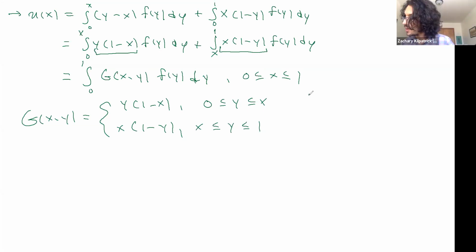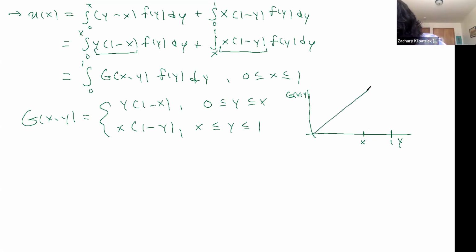And so what does this thing look like? For g of x,y, if I freeze x and I'm plotting this as a function of y, and here's 1, and here's x, my Green's function is going to look like this, okay. On the upstroke, I have y times (1 minus x).